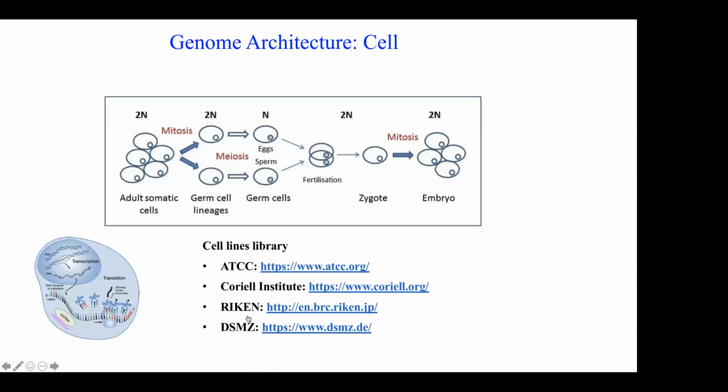The other websites, I will share through a separate list of files. On these other sites, you could also find patient cells from patient samples, abnormal cells, induced pluripotent stem cells, all kinds of information you can get.